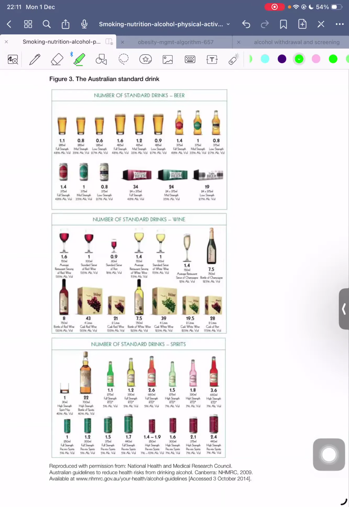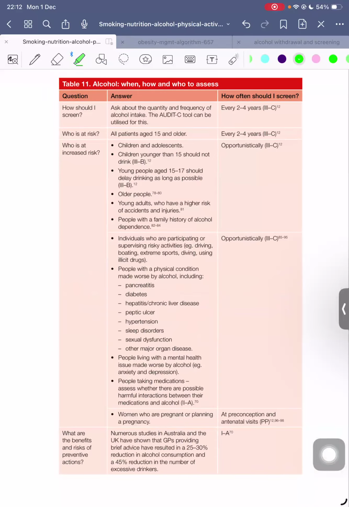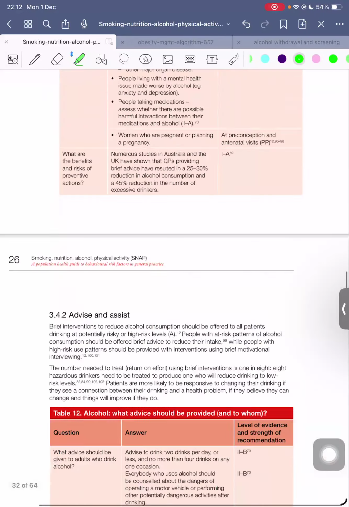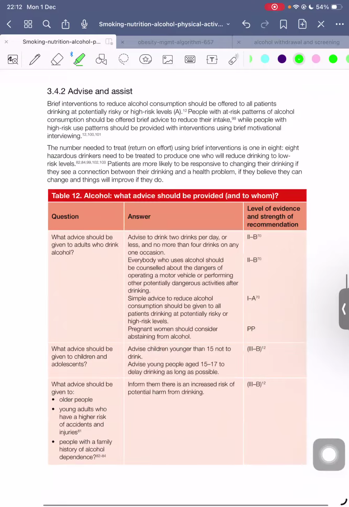Usually per day, less than two standard drinks. And for the week, I think 10 standard drinks. Yes, 10 for a week. Wait, we will find it here. I think it's somewhere here.